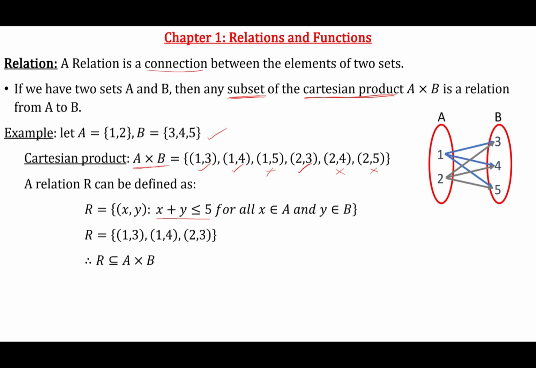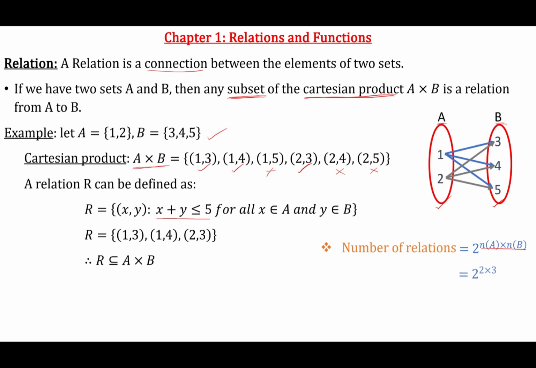Now, how many relations can I make using these two sets, set A and set B? This is one more question. The number of relations is 2 to the power of the number of elements in A times the number of elements in B. The number of elements in A is 2, and in set B is 3.